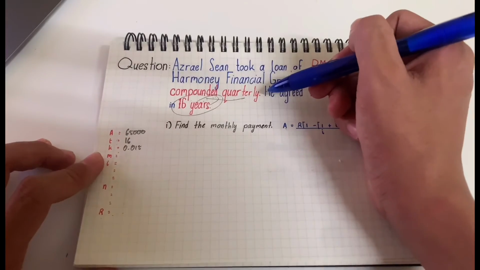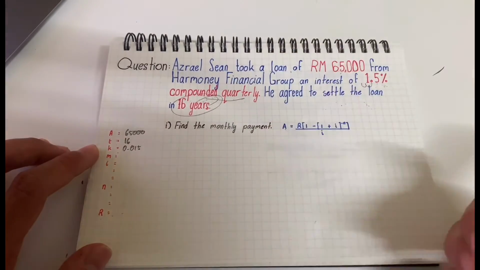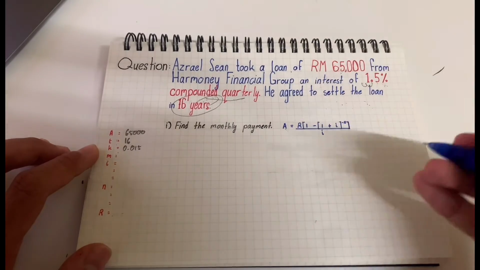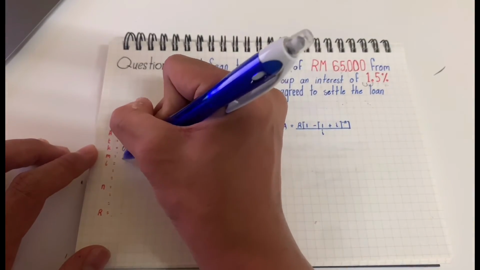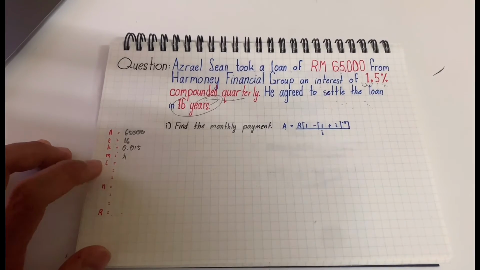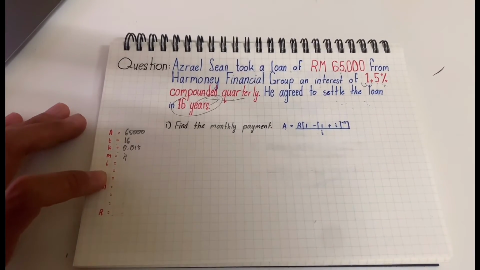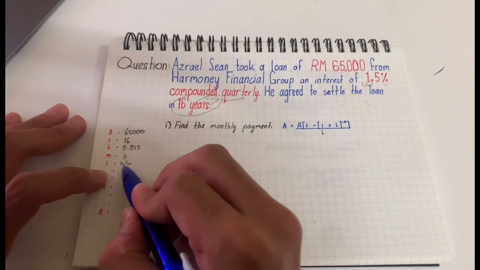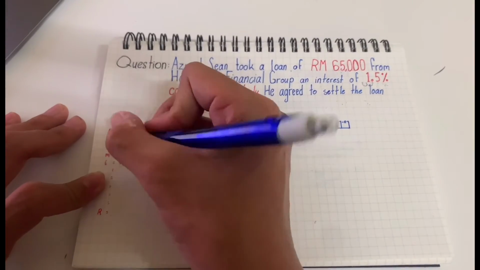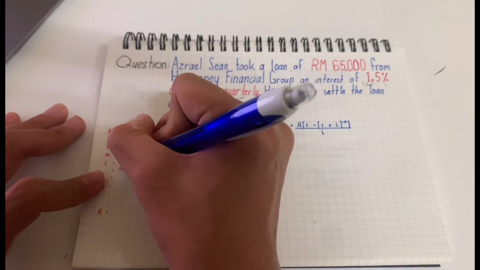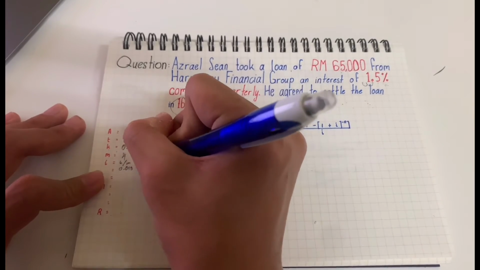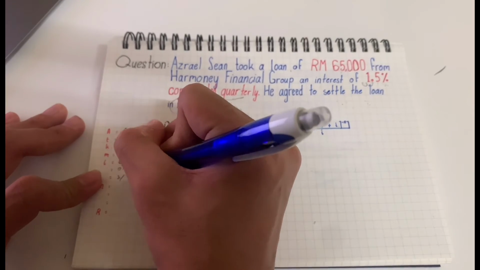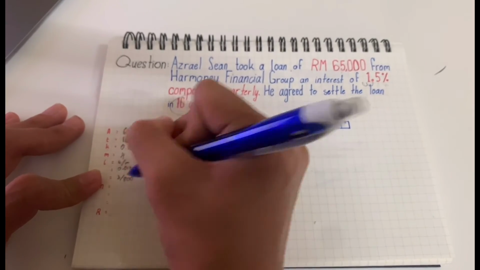If you do not know about quarterly, you can read this schedule. Quarterly is equal to 4. Next, i equals k over m. So take k and m: 0.015 over 4 equals 0.00375.